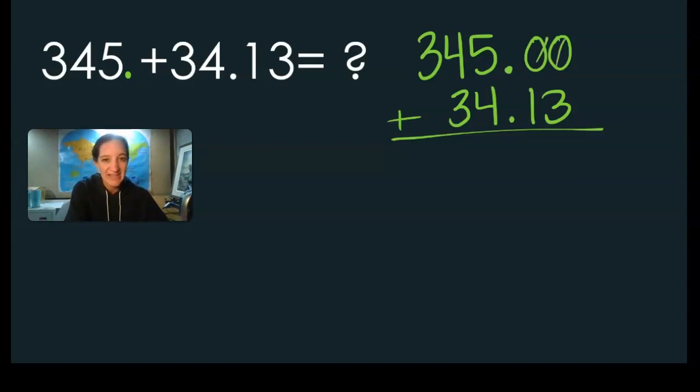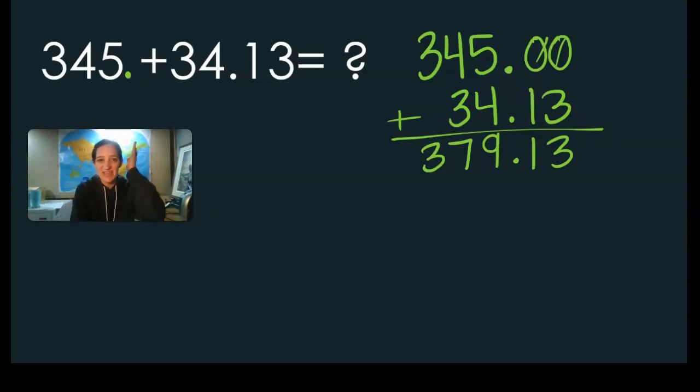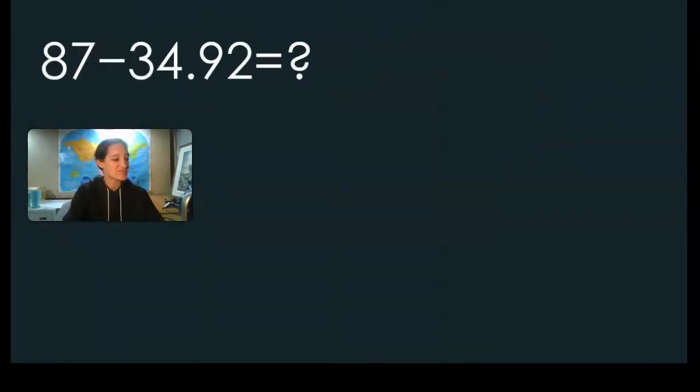So I'm okay adding zeros behind the decimal. So when I add this up, I get 379 and 13 hundredths. So that is a good reminder of how to add decimals. We line them up. Let's talk about our next question, which is to subtract decimals.